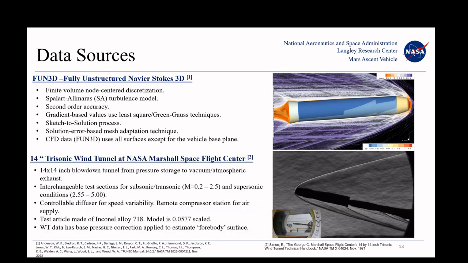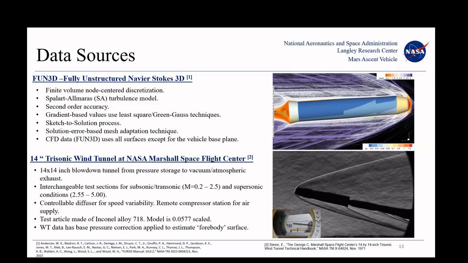As for the 14-inch trisonic wind tunnel test data, it's over at the Marshall Space Flight Center. It's a 14 by 14 inch blowdown tunnel from pressure storage to vacuum and atmosphere outlets. It's got an interchangeable test section. So it has a test section that can run subsonic conditions from Mach 0.2 to 2.5, and then it can also run supersonic conditions from 2.55 to 5.